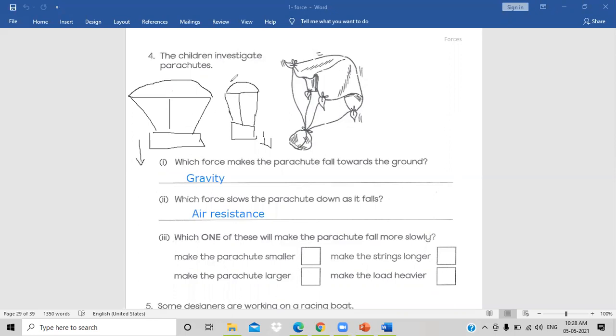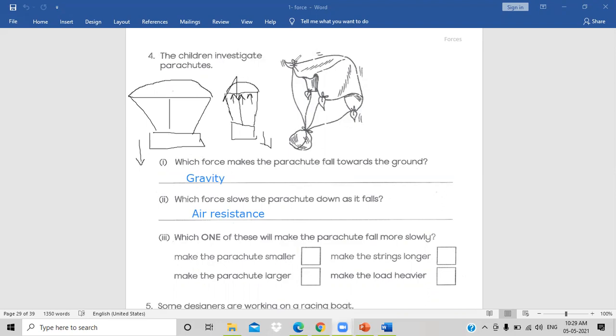If we're talking about the small parachute, look at how much air will be resisting the falling. So here you go. These arrows represent the amount of air that is resisting the falling. This is the air resistance.